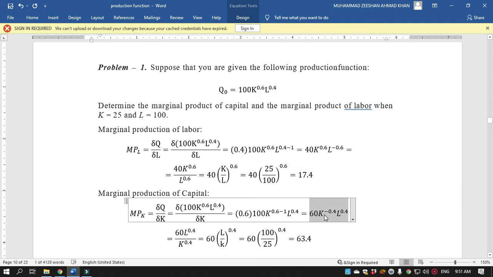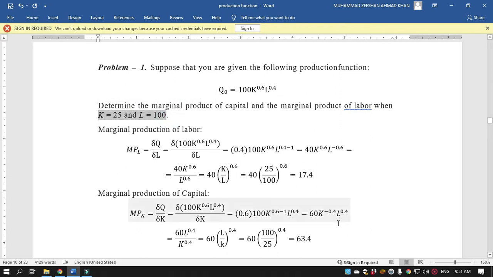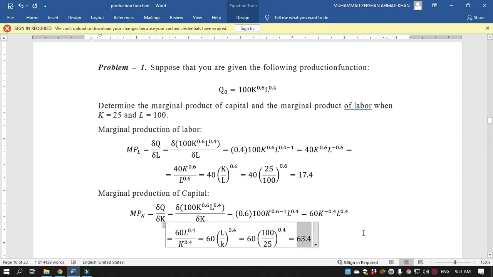Now here K has a negative power, so K is taken to the denominator, and by substituting the values given in the problem, we have such an answer. This is the marginal production for capital. It means that in this situation, by adding one additional unit of capital, the total output will increase by 63.4.